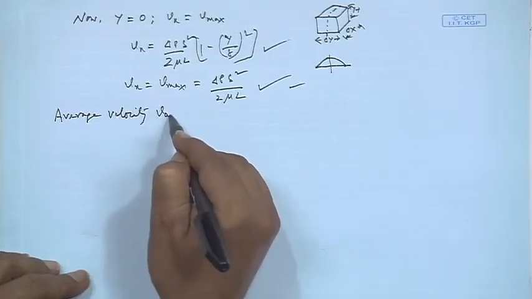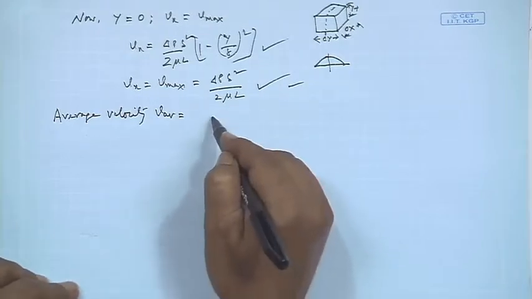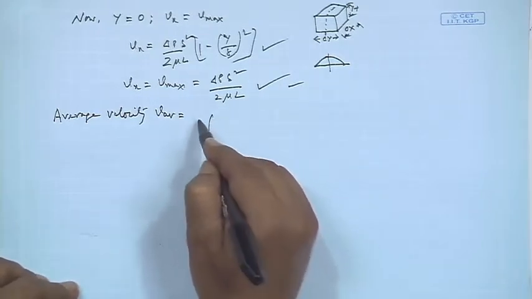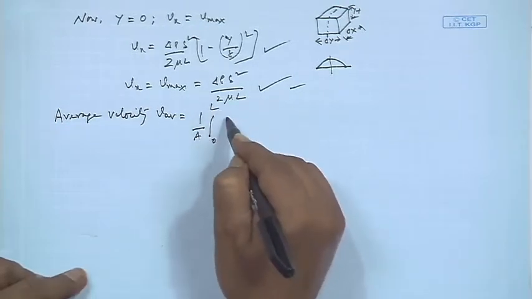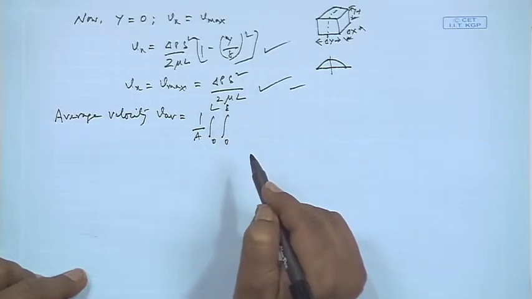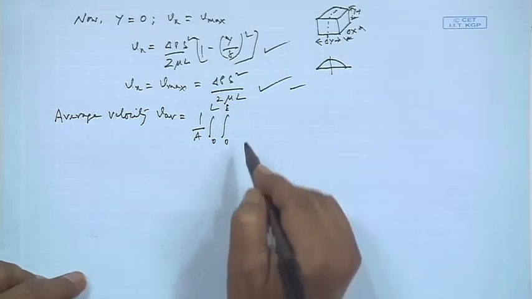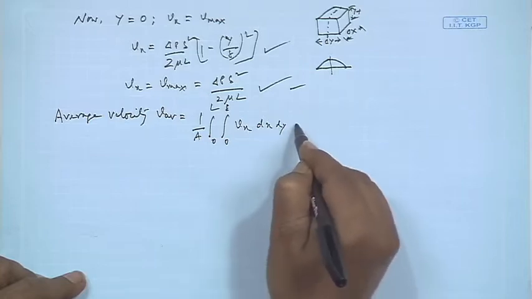V average can be said to be equal to 1 by A, the integration from 0 to L, 0 to del, or plus del to minus del, of V x dx dy.